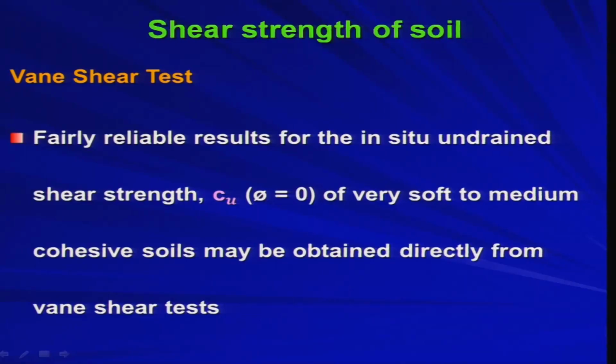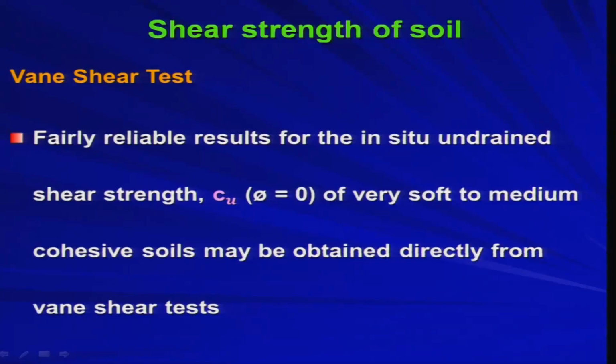From there we will be getting the undrained shear strength, that is Cu. This test is generally used for soft to medium cohesive soil. Wherever you get very soft to medium cohesive soil, if you see the consistency and all, after seeing that you can decide to go for the vane shear test in the field itself.